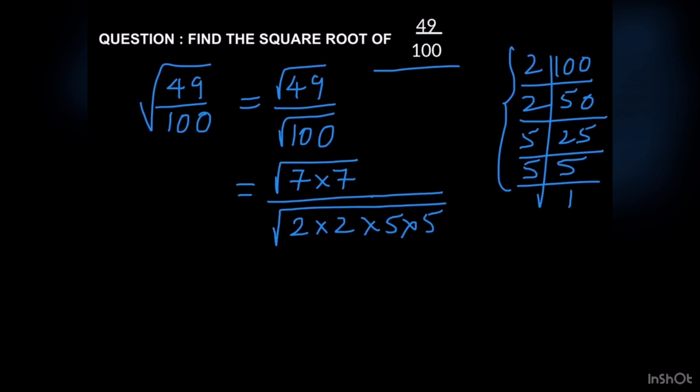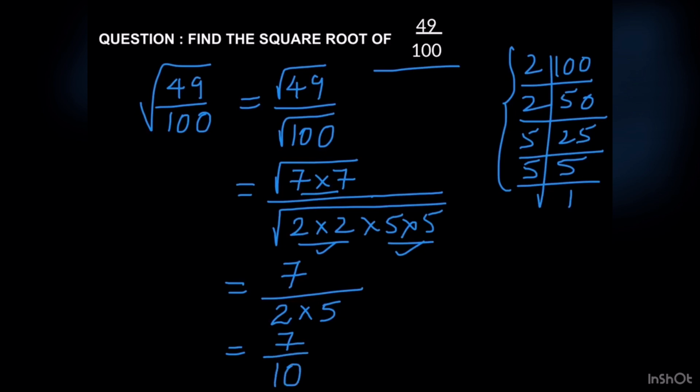Now in the next step we can pair the same factors, and this is equal to, in the numerator, we can take out one factor, 7, and in the denominator, from this pair we can take 2 out, and from the next pair we can take 5 out, which is equal to 7 by 10. Therefore, square root of 49 by 100 is equal to 7 by 10.